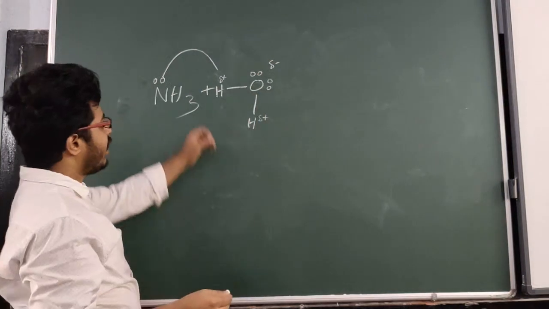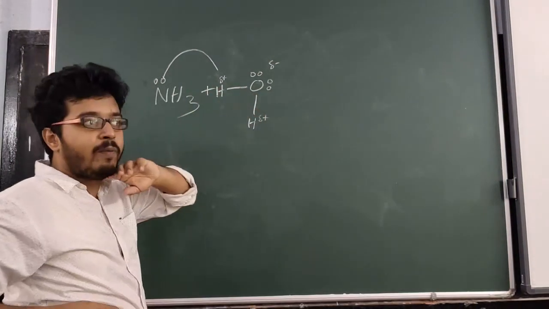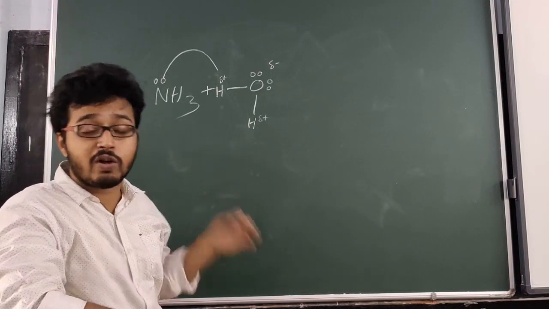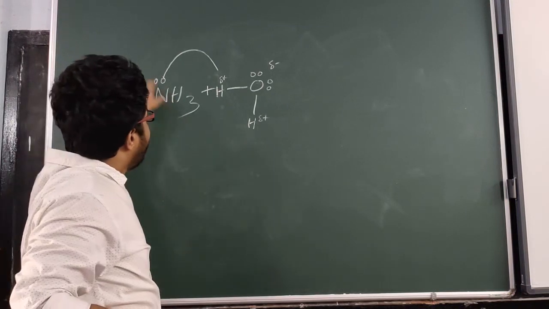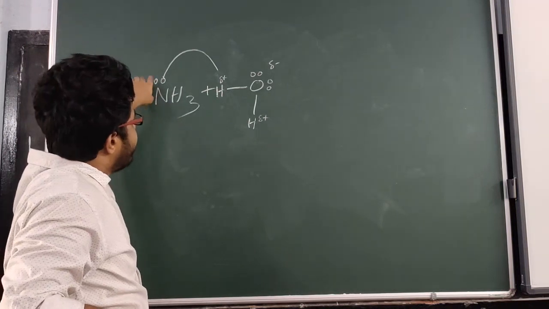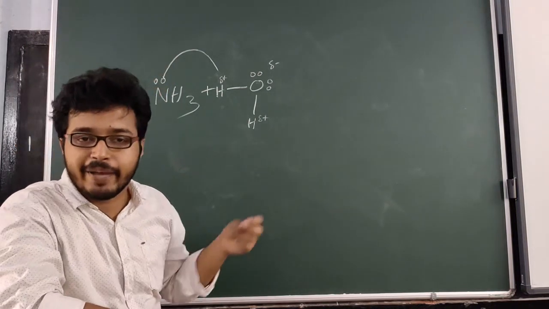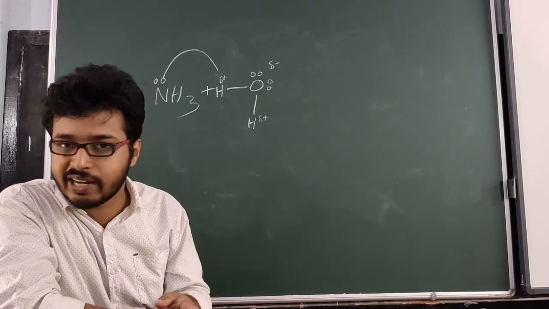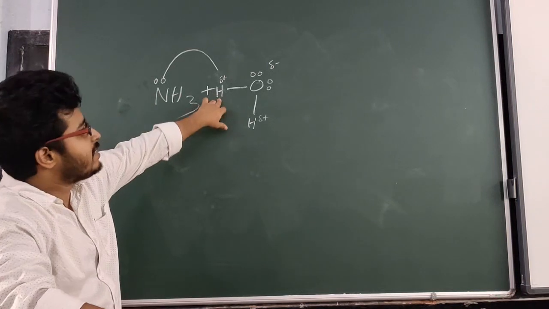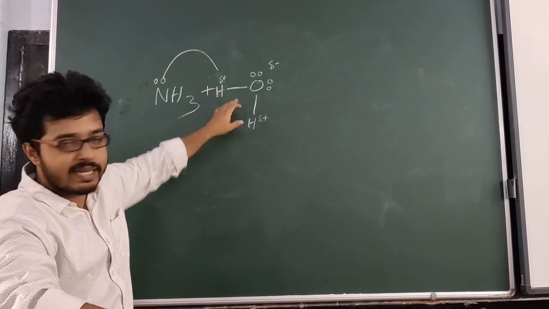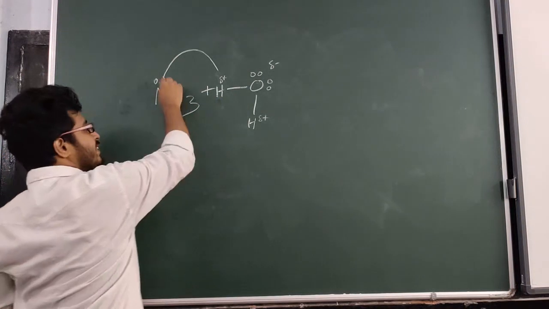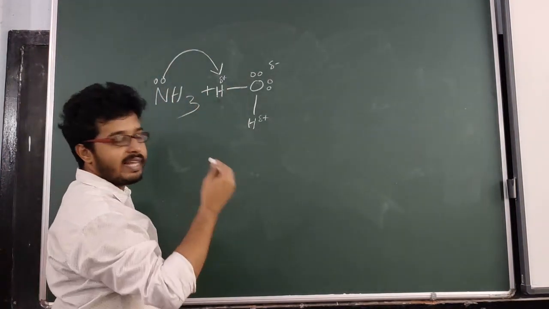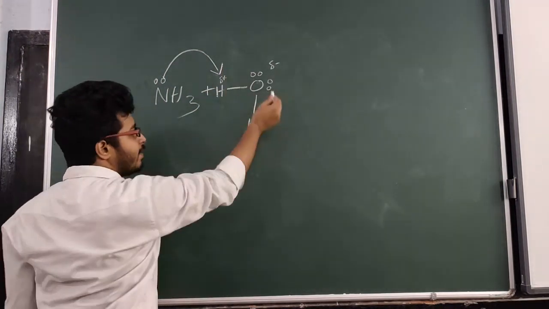Because of the polarity, ammonia and water are both polar covalent compounds. So this lone pair is a pair of electrons. Definitely it will have a slight negative charge. You can consider them as negative. Here there is some partial positive charge on the hydrogens in the water. So this lone pair can easily be given to one of the delta plus hydrogens in the water.